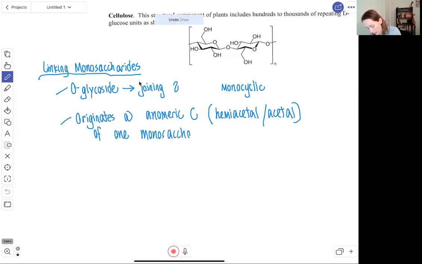And what it's going to do is covalently bond to some carbon atom of the next monosaccharide. And that could be a variety of carbon atoms from that ring.